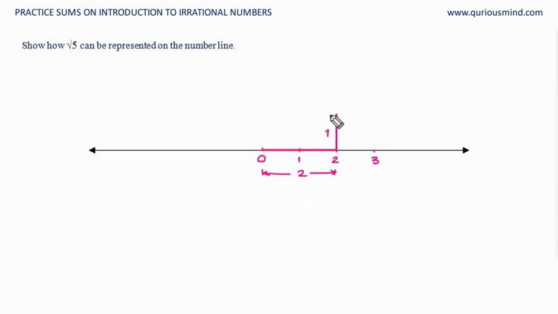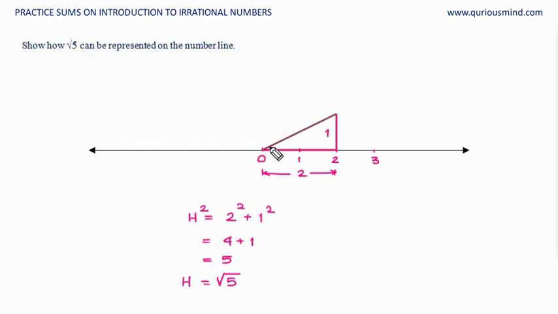Now if I draw this hypotenuse, what would be the length of the hypotenuse? We know hypotenuse square is going to be the sum of squares of the legs. So that is 2 square plus 1 square, which would be 4 plus 1, and it is 5, which is hypotenuse square, and hence hypotenuse is going to be root 5. So let me draw this hypotenuse.